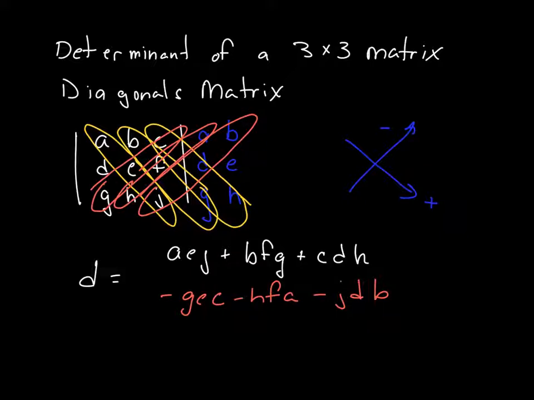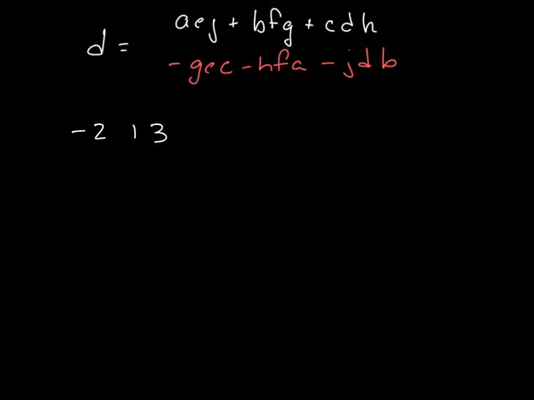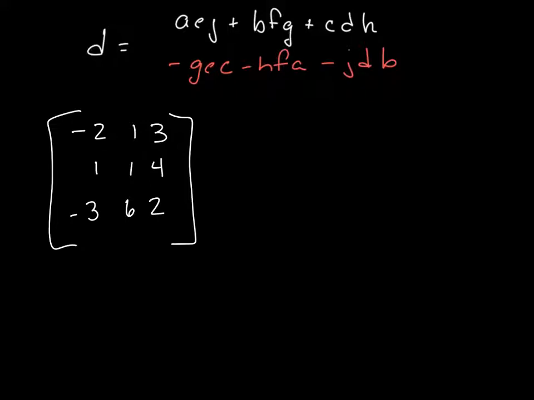So let's go ahead and try one. If I have the matrix negative 2, 1, 3, 1, 1, 4, negative 3, 6, and 2. The first thing I do is copy those first 2 columns over. So that's going to give me negative 2, 1, 3, and 1, 1, and 6.